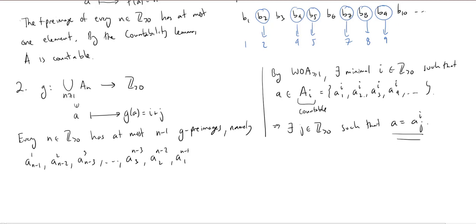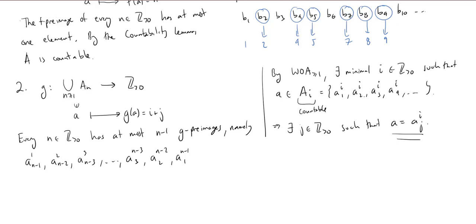Now again, it may not be that all of these are preimages, because it could be, for example, that you're looking at A5, 8, and that would only be a preimage if this element A you chose showed up for the first time in the eighth countable set, and maybe it didn't. Maybe it showed up in the 6th already.